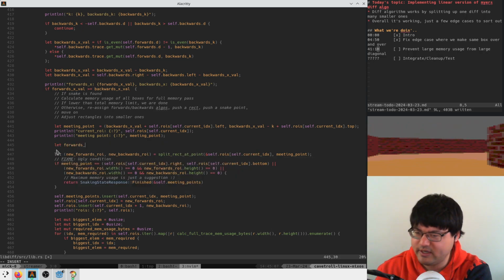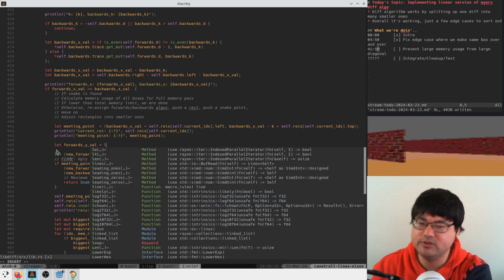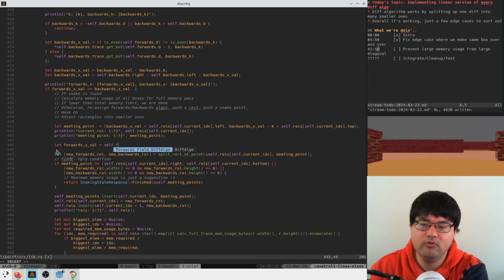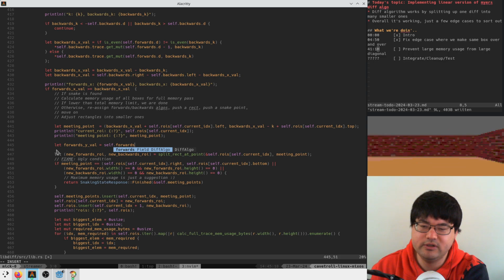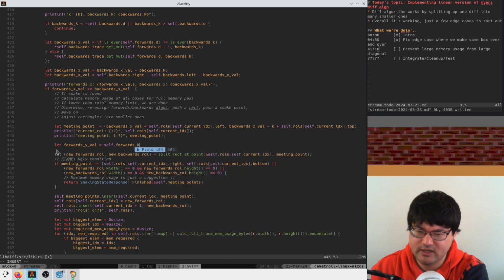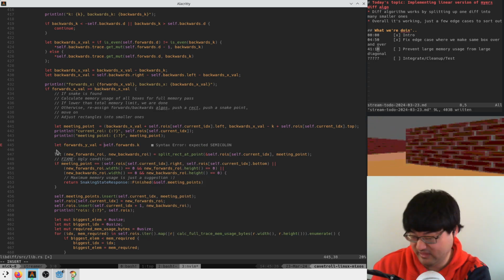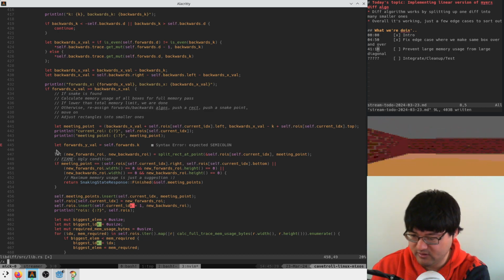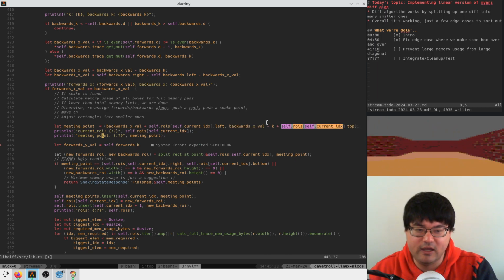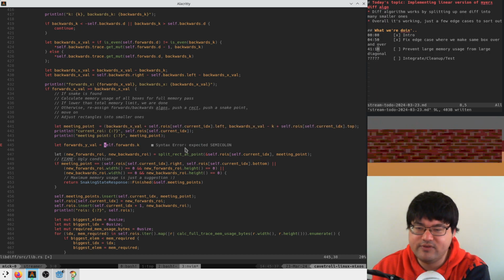Let forwards X, forwards Y, we need that, is equal to the self forwards X forwards K. I think it's X minus K gives us Y. There's somewhere we're doing this. X minus K. Yeah, okay. So this is the X value.